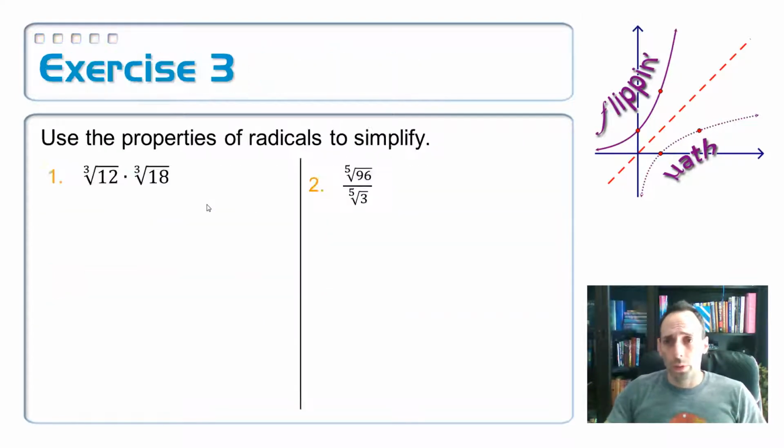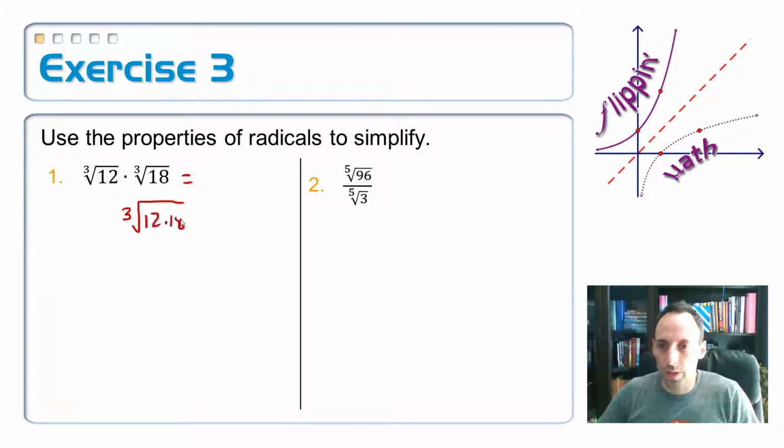Okay, so remember, here let's try this on exercise 3. Should be not too hard right up front here. Just illustrating those properties, we can bring these both together. This is the multiplication property going backwards, and make this the cube root of 12 times 18 on the inside of a root.